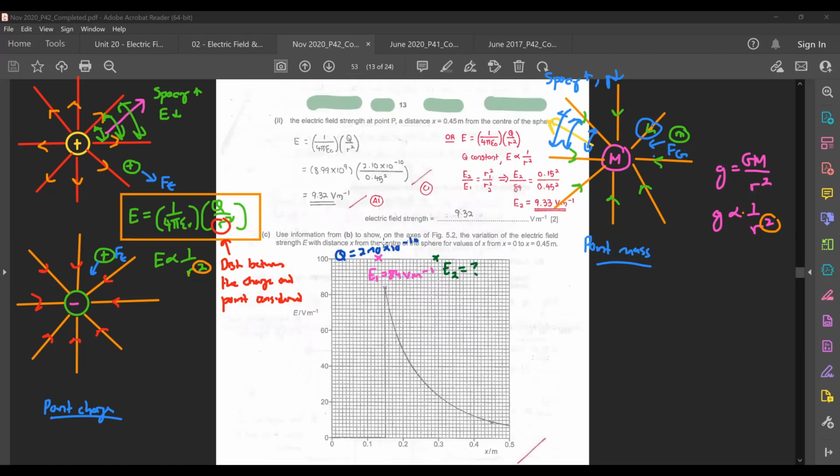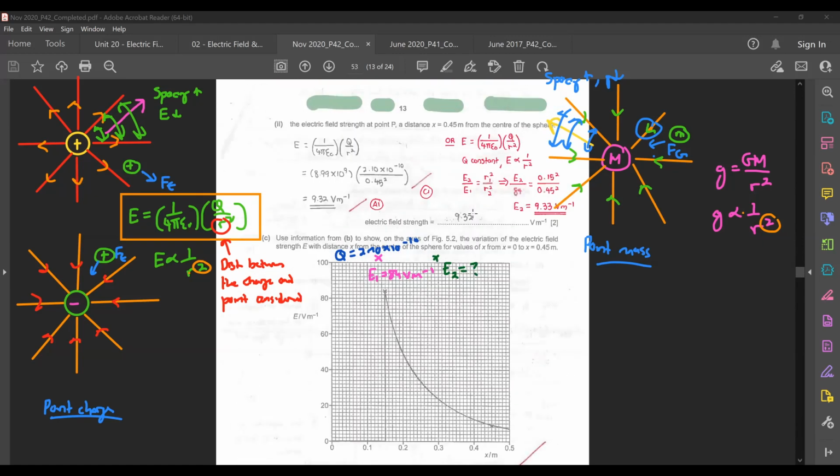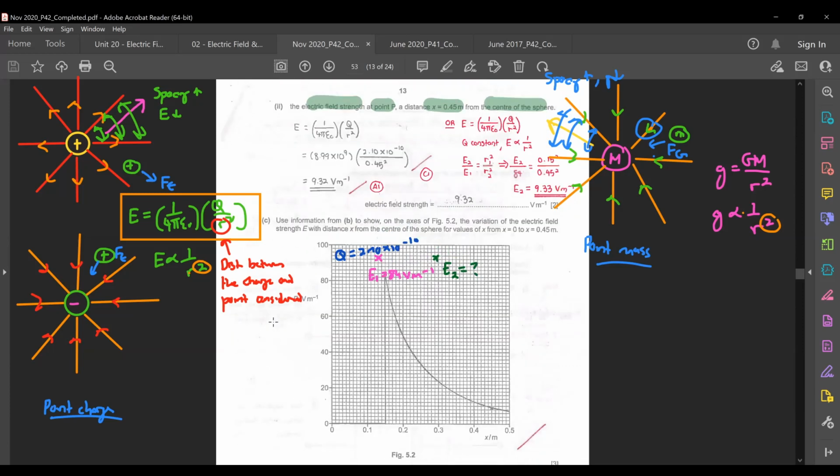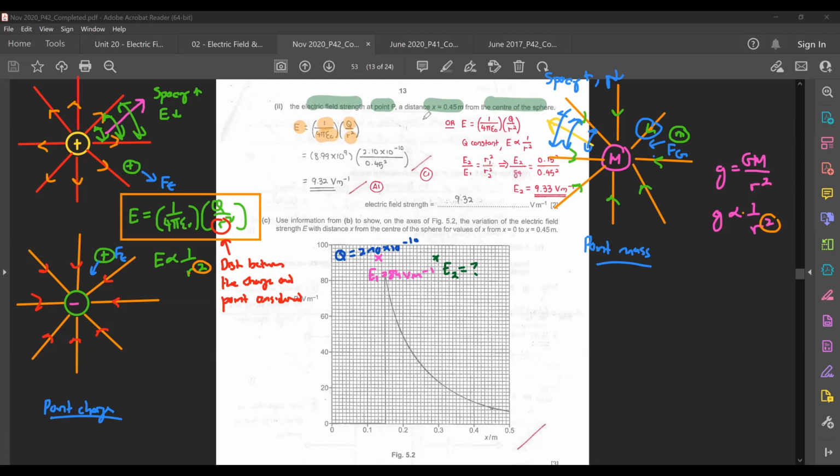If you now want to find E2, you have two ways to go about it. Either you just use back the original equation, E equals 1 over 4 pi epsilon naught Q over R squared, which will give you this. Your 1 over 4 pi epsilon naught is 8.99 times 10 to the power 9. Your main charge is 2.1 times 10 to the power minus 10.